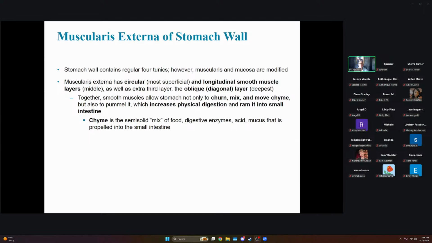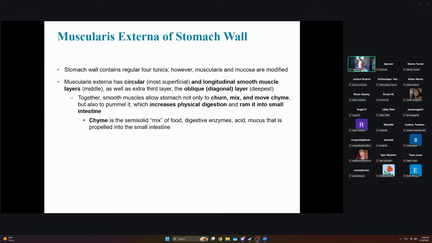And it's because of this third layer of the muscularis externa that the muscles of the stomach churn and mix and just smash and maul food to make it even more liquefied. In other words, turning the bolus that arrived into chyme, a much more liquid version, for the reasons I shared with you, to enhance absorption in the small intestine.